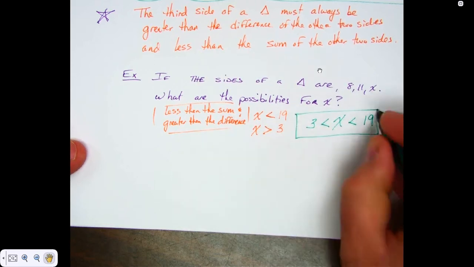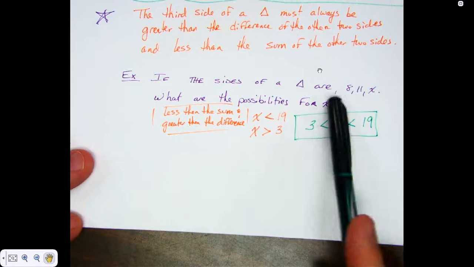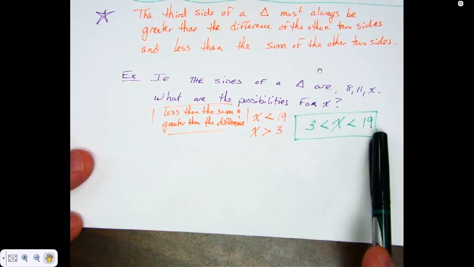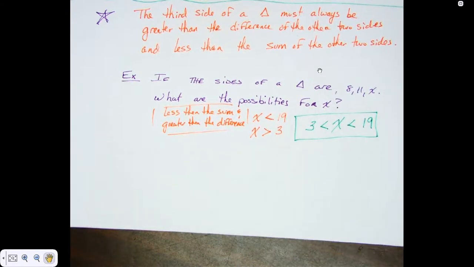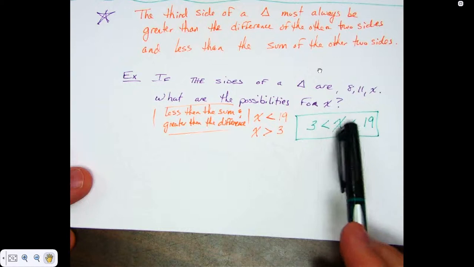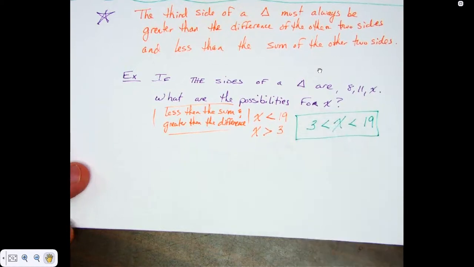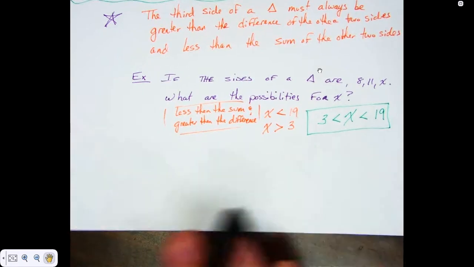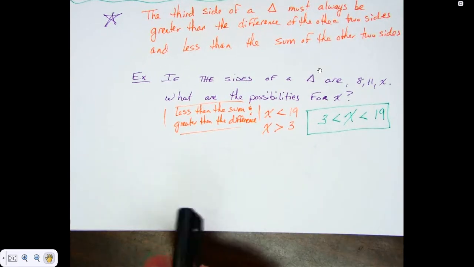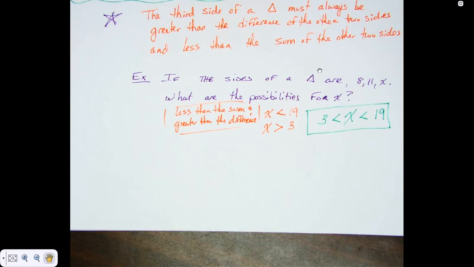The smaller part of the symbol is pointing at the x here, less than 19. The bigger part is pointing at the x here, greater than 3. Any questions on that? That makes sense? Any questions at all?